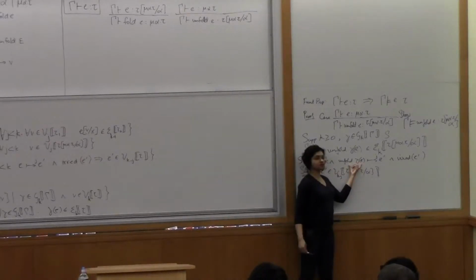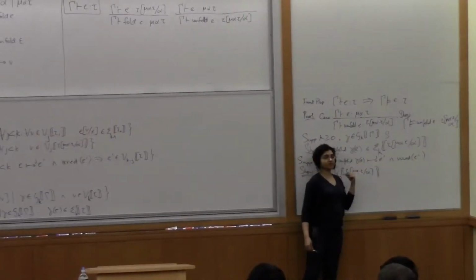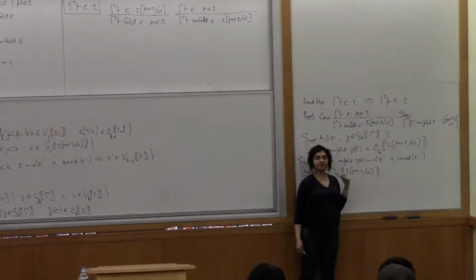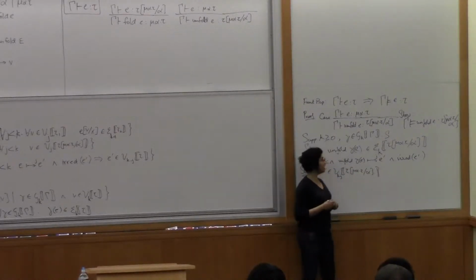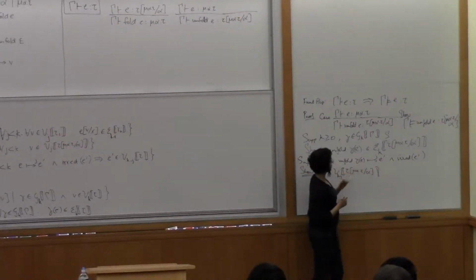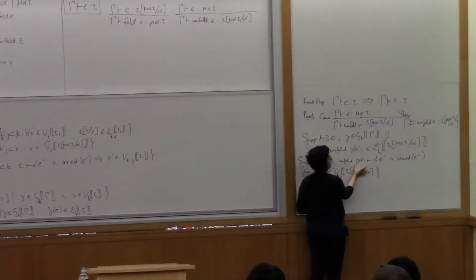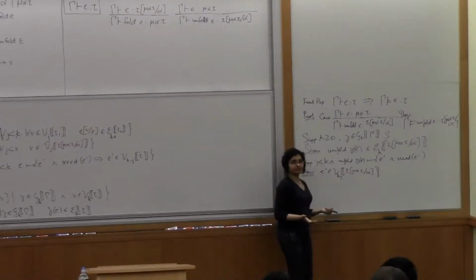So we know that the unfold expression steps to something irreducible, right? So let's examine what happens using our operational semantics. What must have happened?